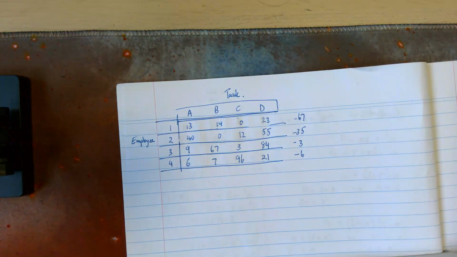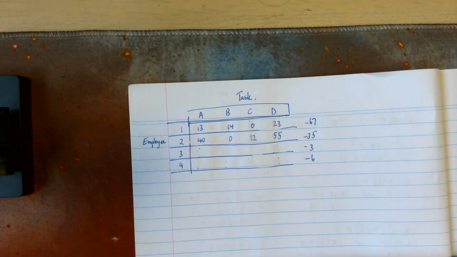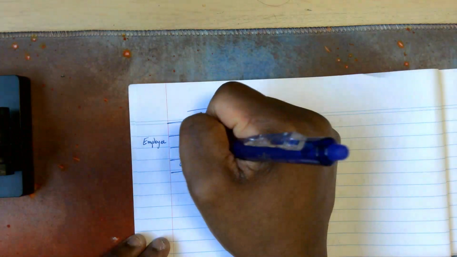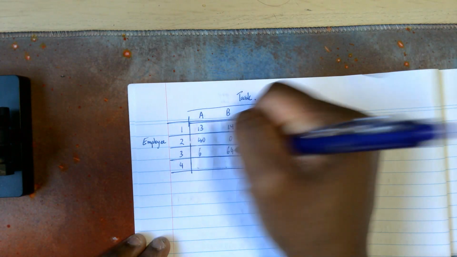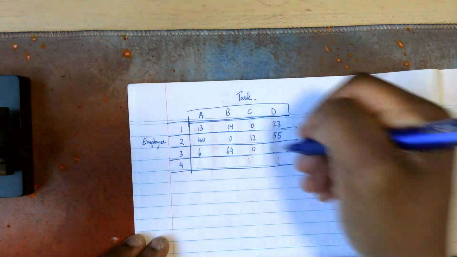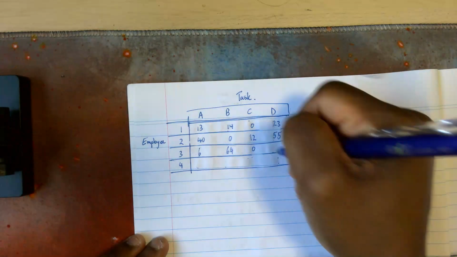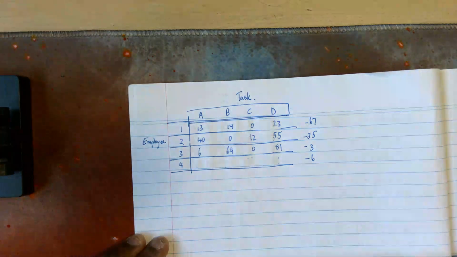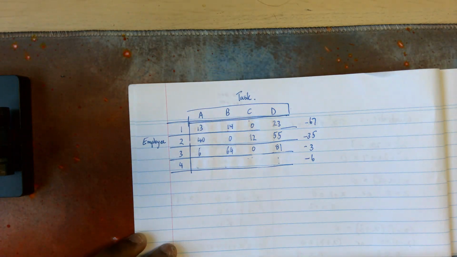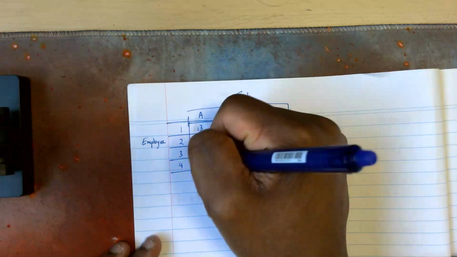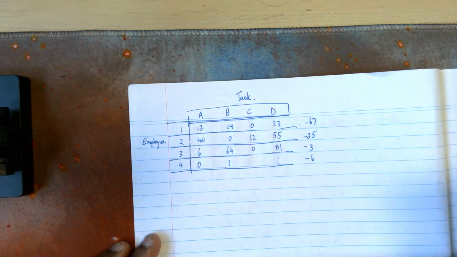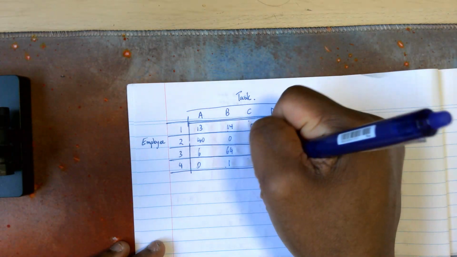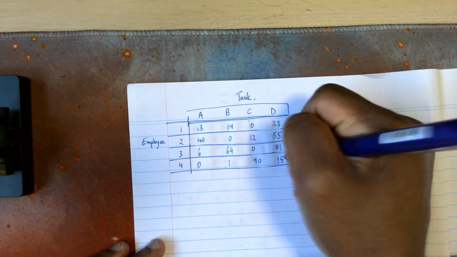And then if we do the same for the next 2 rows, we get 6, 64, 0, and 81 for the third row. And then for the fourth row, we get 0, 1, 90, and 15.